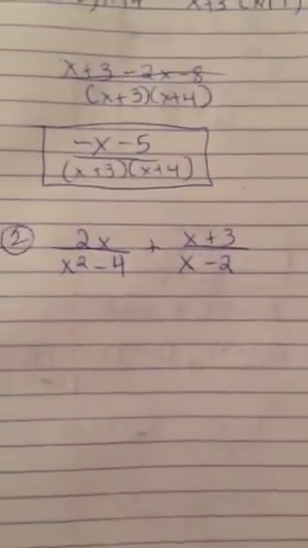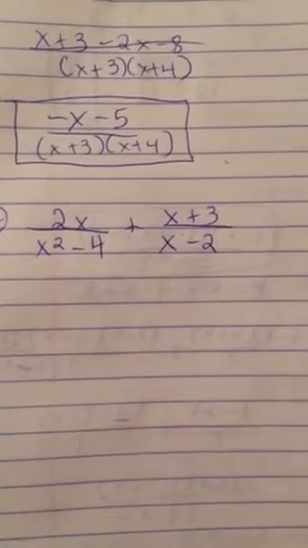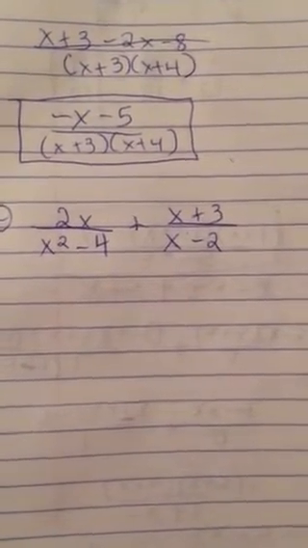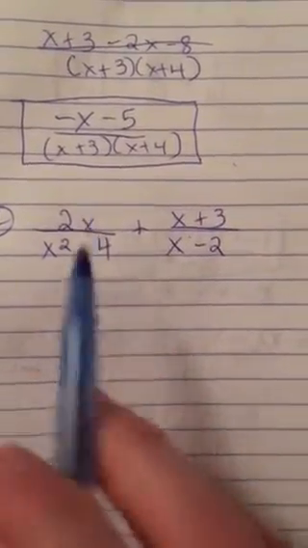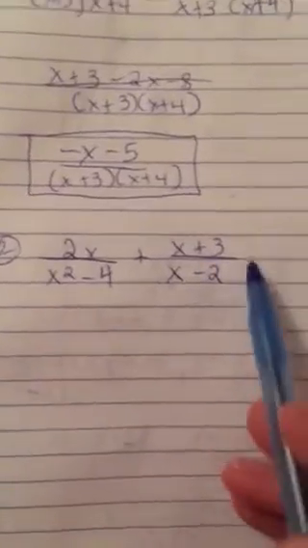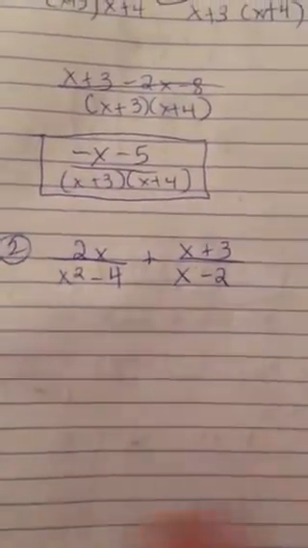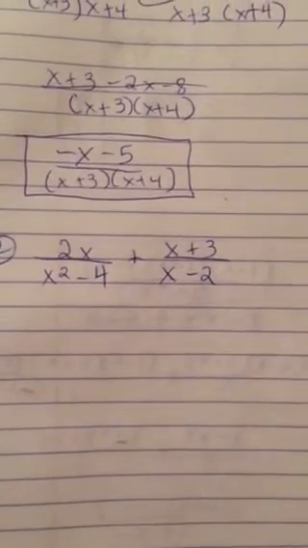Yeah, I think that's going to be good. So 2x over x squared minus 4, and then plus an x plus 3 over an x minus 2. So according to this strategy, I would multiply this fraction by x squared minus 4 and this fraction by x minus 2. Combine them together, great.